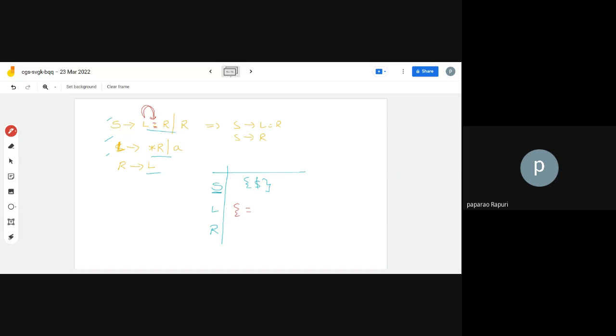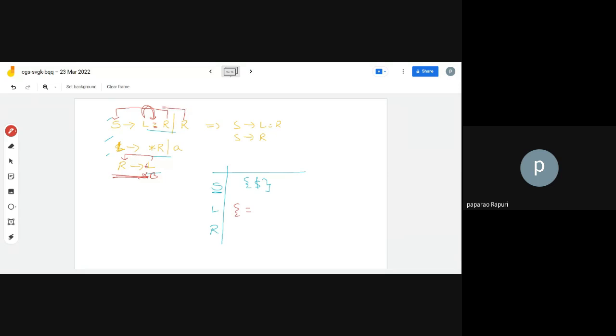No sir, there is one more production here. From this, what we can write: it is in the format of alpha beta, where alpha is epsilon. After beta there is no symbol, so follow of L is equal to follow of R. We need to check follow of R. For follow of R, there is no other symbol after R, so follow of R is equal to follow of S, that is dollar.